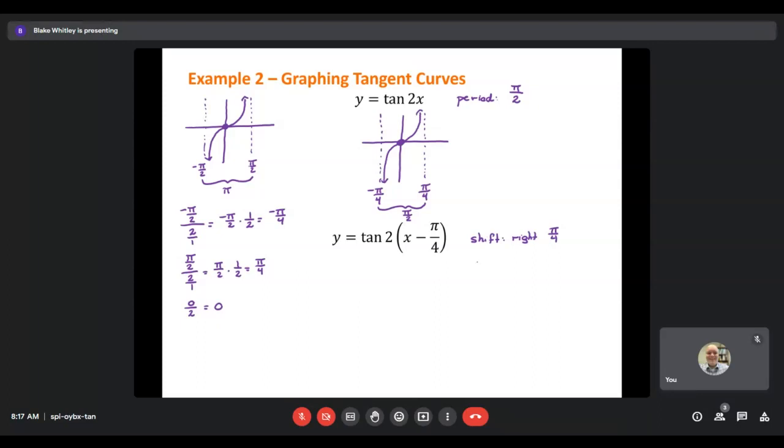So let's take the first asymptote, negative pi over 4. I'm going to add pi over 4 so that it moves it to the right that many units. Well, negative pi over 4 plus pi over 4 should just be 0. So that tells me for this graph, the first asymptote should be at 0.